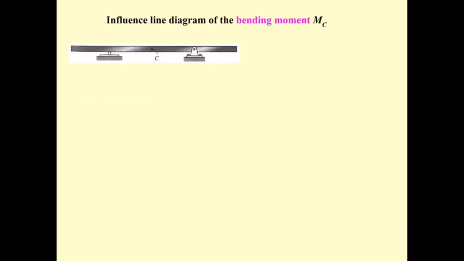Okay, then for the bending moment at C, the first thing you have to do is eliminate the resistance of M sub C out of the beam by putting in a hinge. You can have a hinge at your door, and then you apply the M sub C to it. It's like when you open the door, this portion is going to rotate about this point, and you get this, and this one also rotates about this point, and you get this.